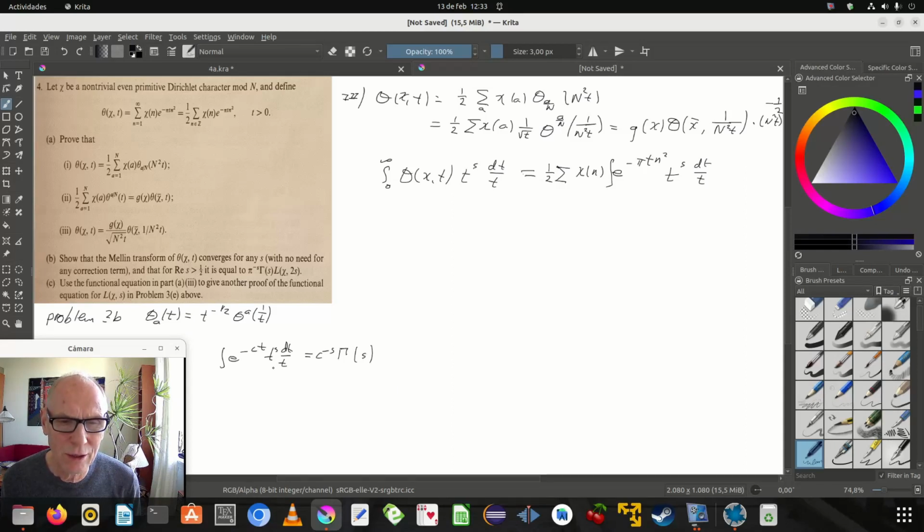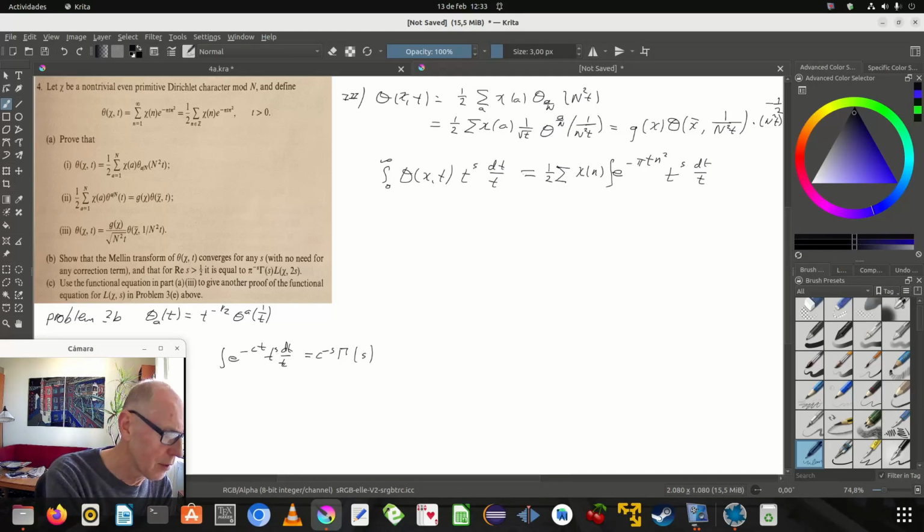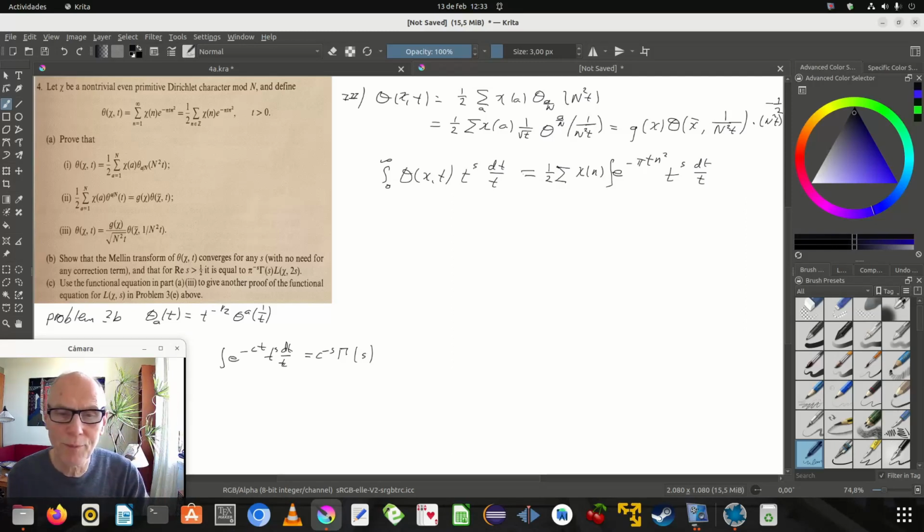I'll just look it up. Right. And that converges when the real part, oh no, when it tends to naught, then we want this to be larger than, so I think it's just the real part of s larger than 1.